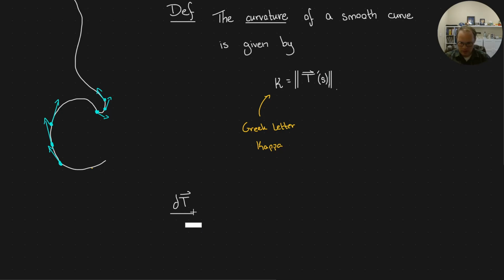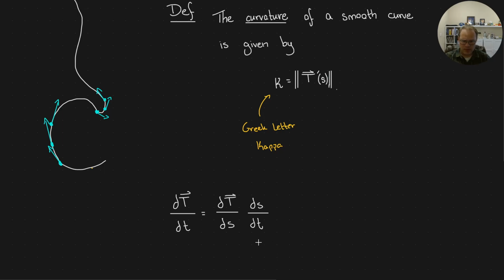The derivative of the unit tangent vector with respect to whatever parameter t you want is going to be the derivative of the unit tangent vector with respect to the arc length parameter s, that's the one we want to use, times the derivative of the arc length parameter s with respect to the original parameter t.